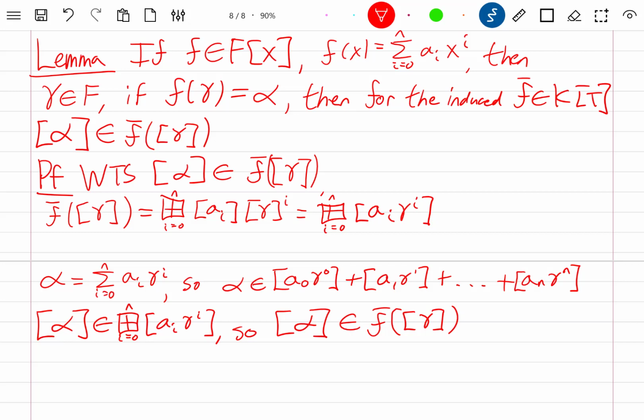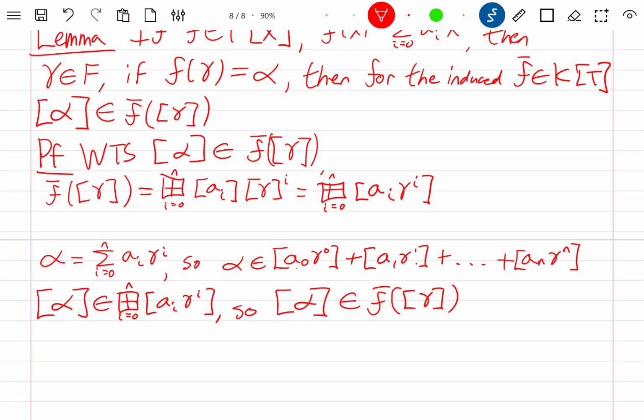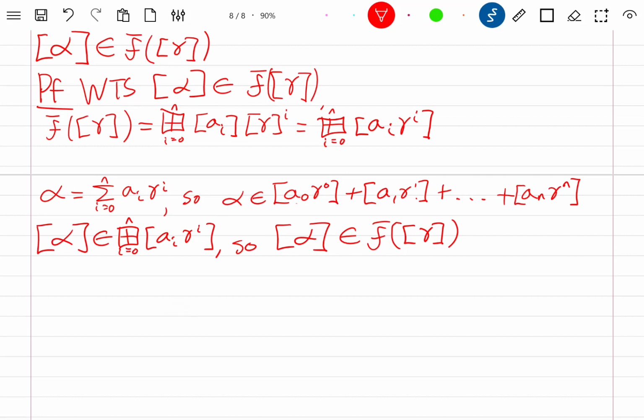Alpha belonging to this sum is equivalent to the equivalence class of alpha being in the hypersum. And we know alpha is in this sum because, in the field sense, alpha is written as this sum, and each of these elements is in each of these sets. So we've just shown that if f(gamma) is alpha, then for the induced polynomial over my hyperfield, the equivalence class of alpha is in the induced polynomial acting on the equivalence class of gamma.